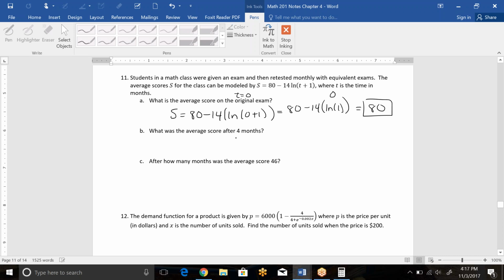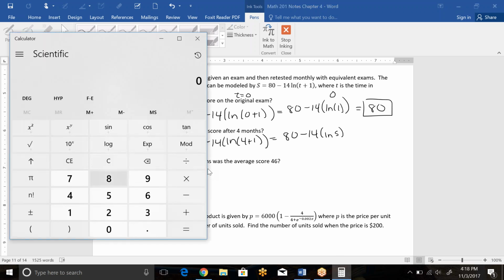Now, the average score after 4 months, now this is going to actually go down, because if you're not continually teaching the topics, you are going to lose a percentage of that knowledge. So this would be ln of 4 plus 1, which is going to be ln of 5. So 80 minus 14 times ln of 5.